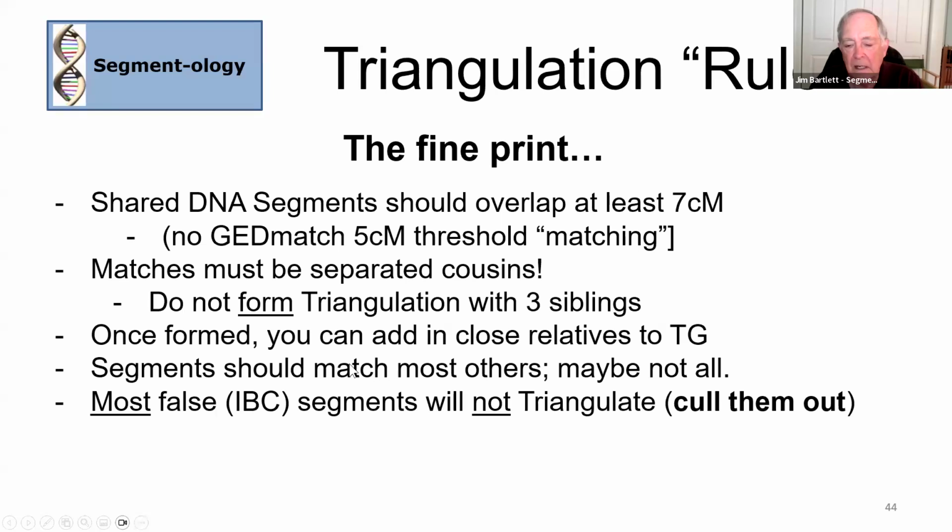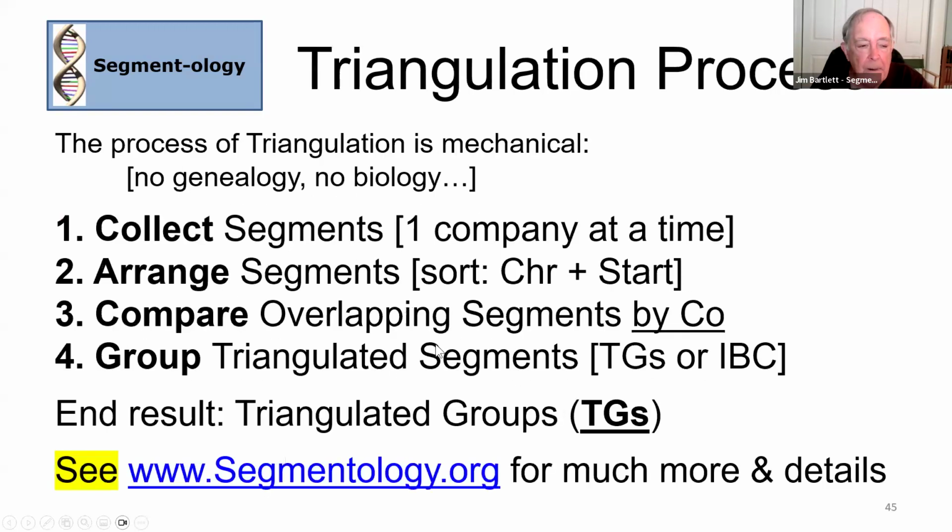You'll see segments on a spreadsheet that kind of just walk down. I'll show you a picture of it here in a minute. Most false segments will not triangulate. They're not truly from common ancestors, so they won't triangulate, and so you cull them out of the picture.